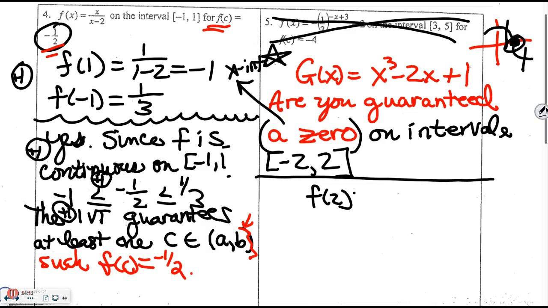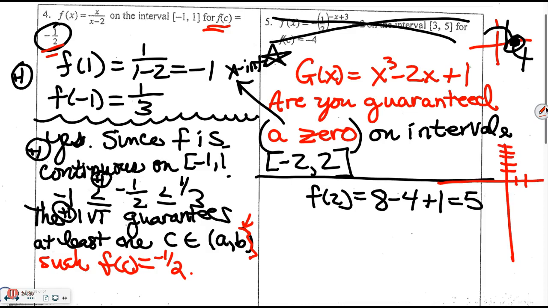Okay, f of 2 equals 2 cubed minus 4 plus 1, which equals 5. So on that cubic, it sails through the point (2, 5). Next step, f of -2 equals -8, since -2 cubed is -8, and then plus 4, so -4, plus 1, which is -3.